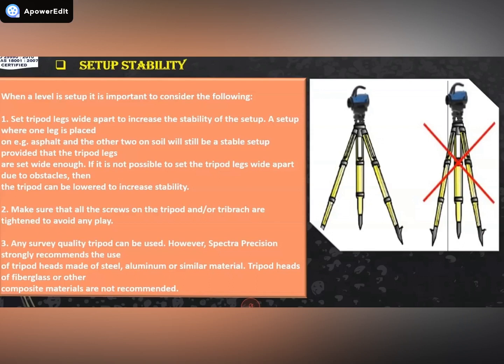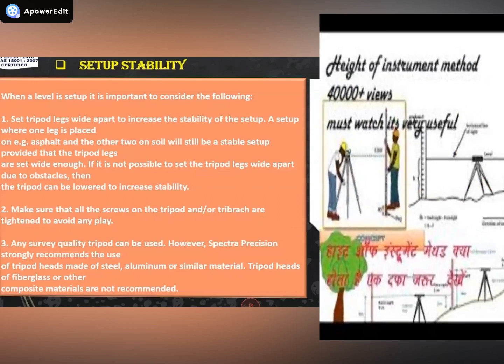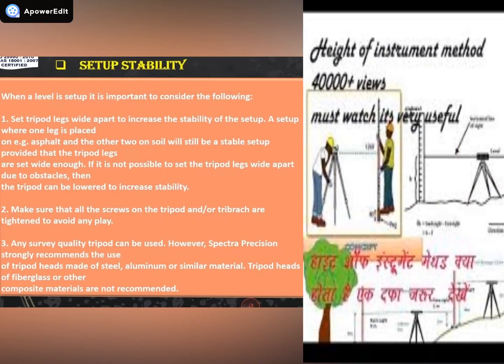In case of reconnaissance survey, we go to the field and see the field condition, field shape, and where we can set up our stations. After looking at all these things, we make a sketch. That sketch is known as index sketch.